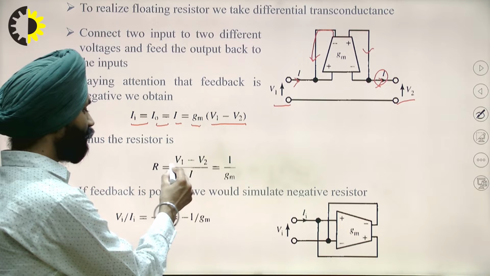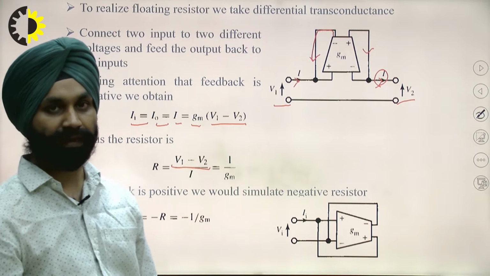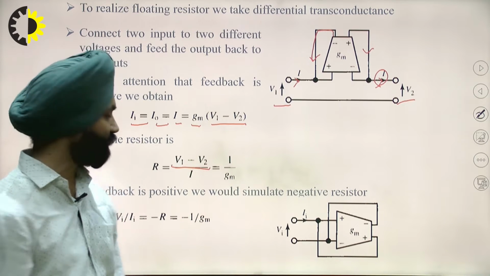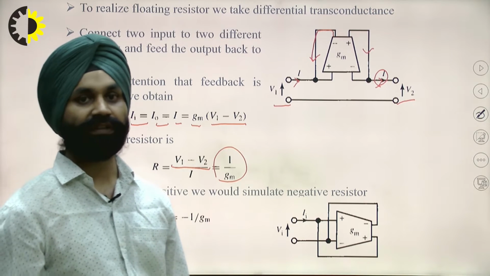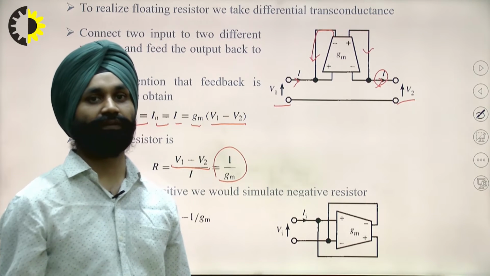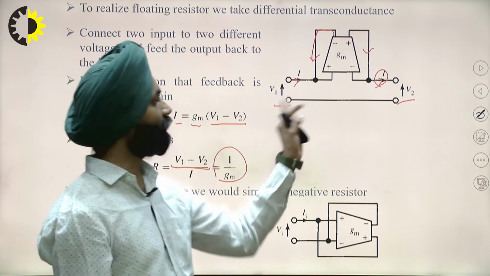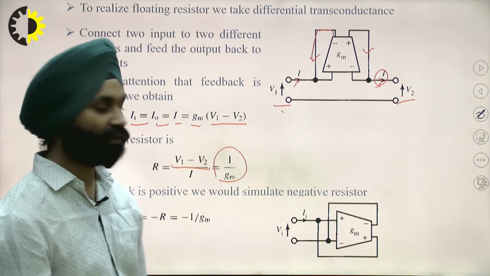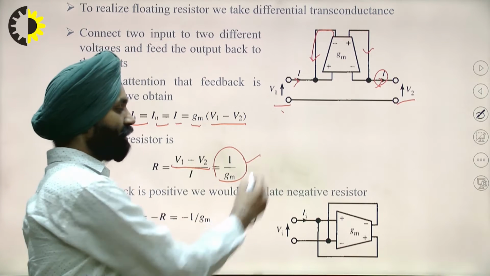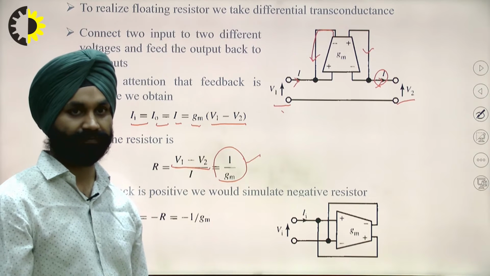So (V1 minus V2) by I will give the resistance, which is again 1 by Gm. So this gives our floating resistance where none of the terminals is grounded. So again the resistance is 1 by Gm for the floating resistor.